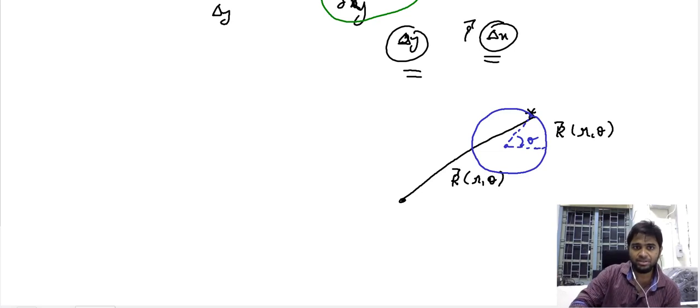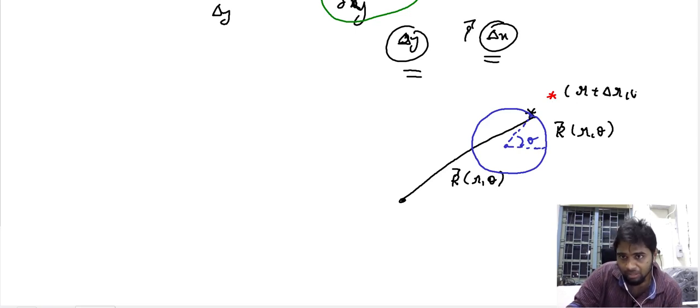So I can consider a neighbor in this direction, the one in red, and this point in red is designated as r plus delta r, theta. I can also consider another point, say green here, and this green point is r, theta plus delta theta.